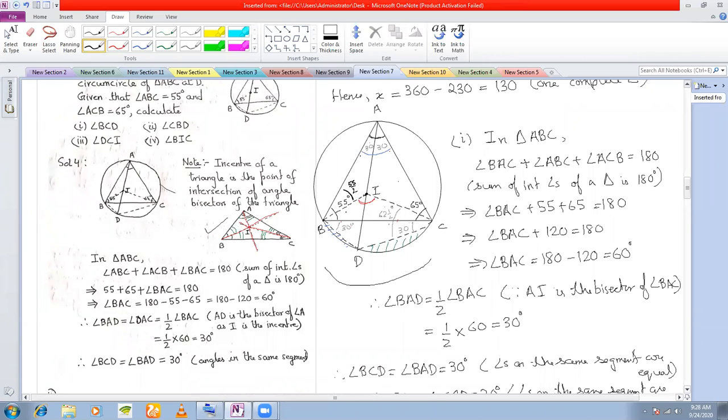And this angle must be half of 55, right? Which is 27 and a half. Similarly, this angle here, we have already calculated to be 32 and a half. And this also we have calculated to be 32 and a half, in question number 3, because CI is the bisector.